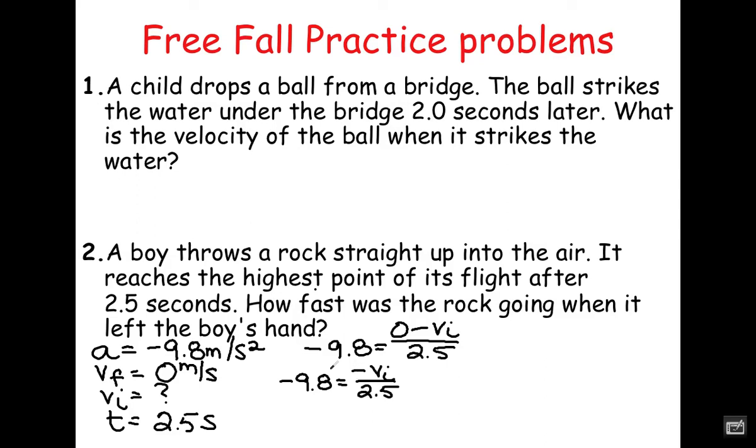Okay, so then I take 9.8 times 2.5, and I get negative 24.5 is equal to my negative VI. Multiply both sides by negative 1, and those turn into both positives. Now I do need to look again at sig figs, and so I have 2 sig figs and 2 sig figs, so my answer will have 2. So my final answer is 25 meters per second equals VI. Remember, you can't have a negative speed, but you can have a negative acceleration.